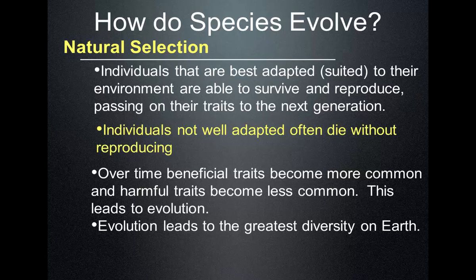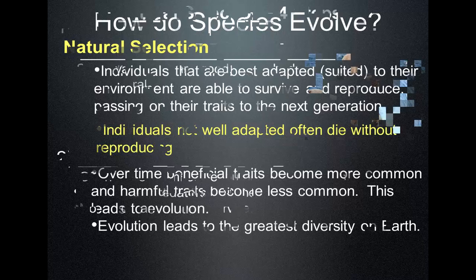Any traits that are not very helpful tend to decrease over time, because if you're a bird and have a trait that makes you not fly very well, you're probably not going to survive very long. You're probably not going to be able to reproduce and pass on that trait that made it harder for you to fly. So individuals not well adapted will often die, and over many, many generations, this leads to the species changing over time.